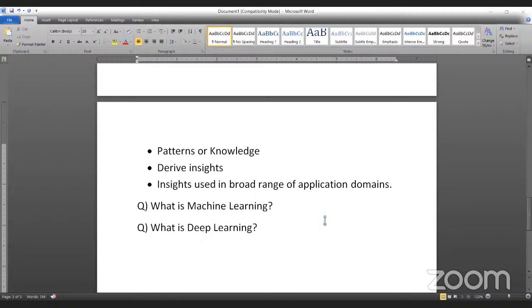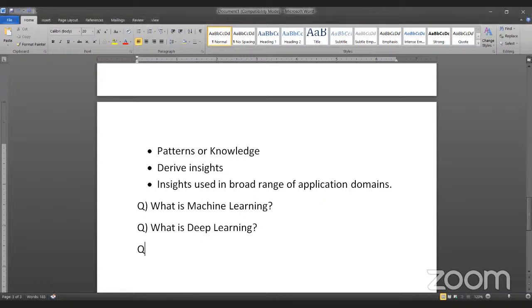Just like how human brains learn from information, here machines also learn from the information provided to them. We use neural networks to imitate how the human brain functions to gain information.